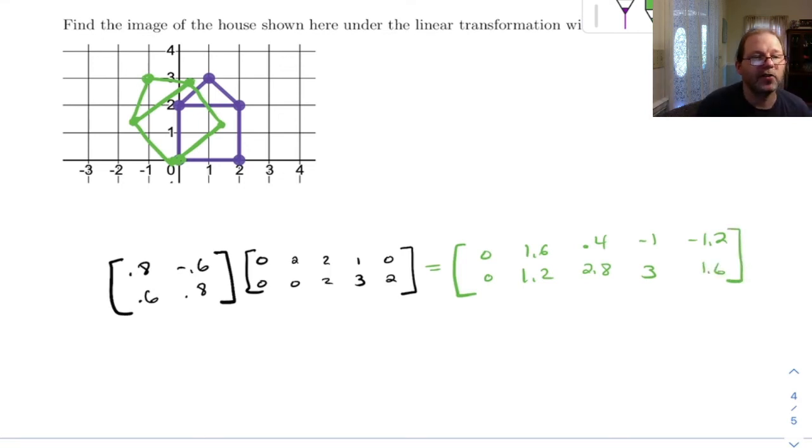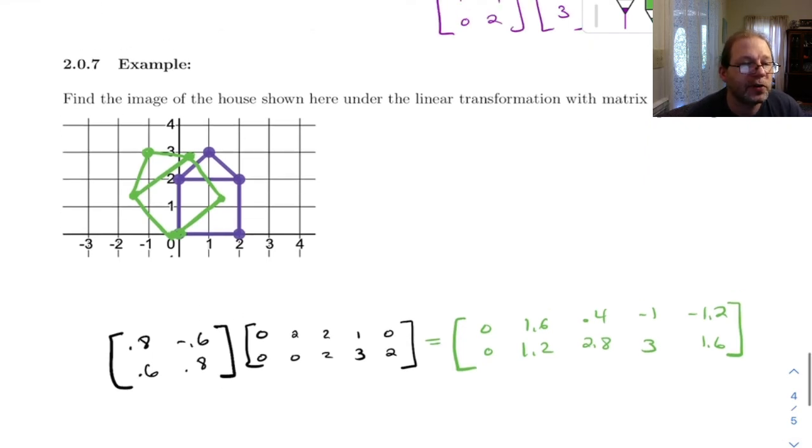If you think about it, it took this house and rotated it. This is sort of the very beginnings of how computer graphics do certain things. Rotating things around or reflecting them. But anyway, the green image there is the image of the house under this transformation.